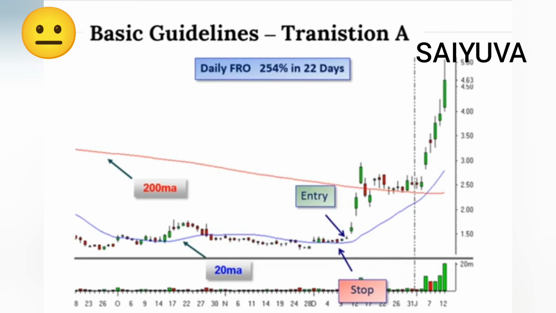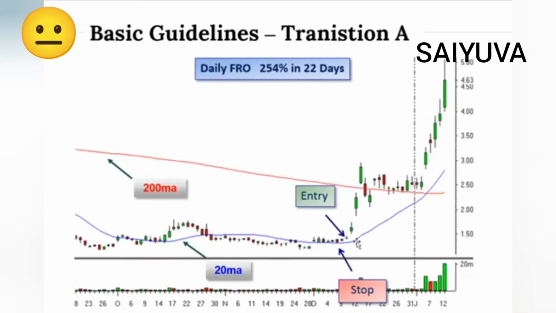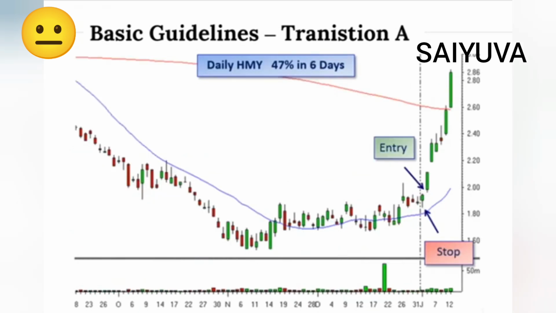You have a stock that was in a stage 1, sideways stage, moving average was going through price, no good. But this is why I keep the moving average on the chart, regardless of the stage the stock is in. Because right when it's about to break out, notice how the moving average halts the stock, and it starts to point up a little bit, curl, and then bam, the explosion.